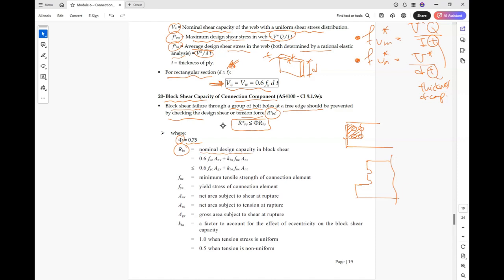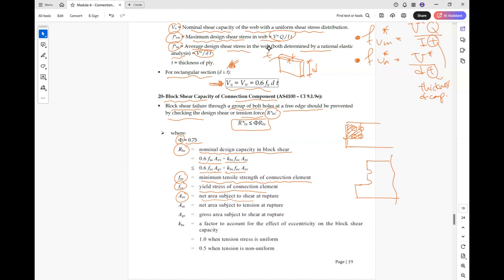R_bs is the nominal design capacity in block shear and is given by these two formulas: 0.6 f_uc A_nv plus k_bs f_uc times A_nt, and should be less than or equal to 0.6 f_yc A_gv plus k_bs f_uc A_nt, where f_uc is the minimum tensile strength of the connection element, so the tensile strength capacity of the plate. f_yc is the yield strength of the plate.